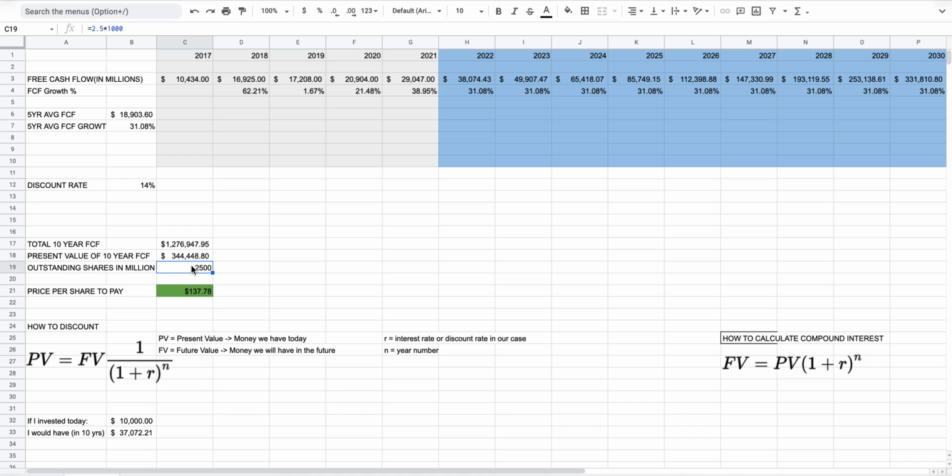This is something to pay attention to, because the fewer shares that are available, the better it is for you, the more money you're going to be making, because each share that you own is worth more if there are fewer of those.